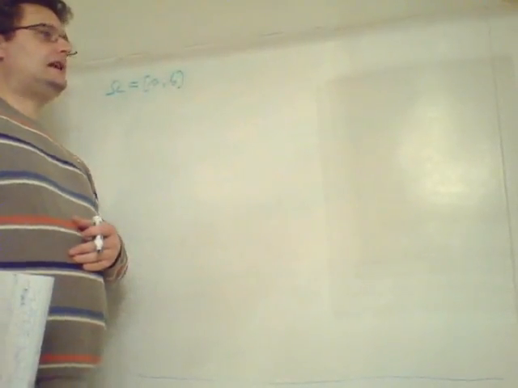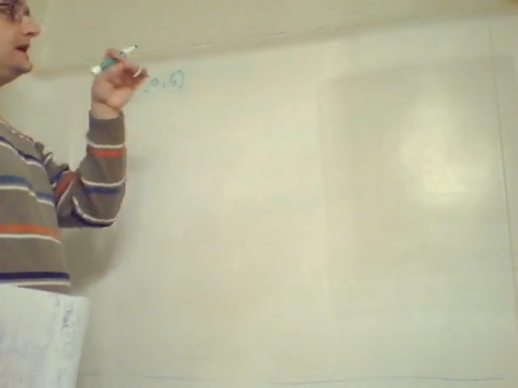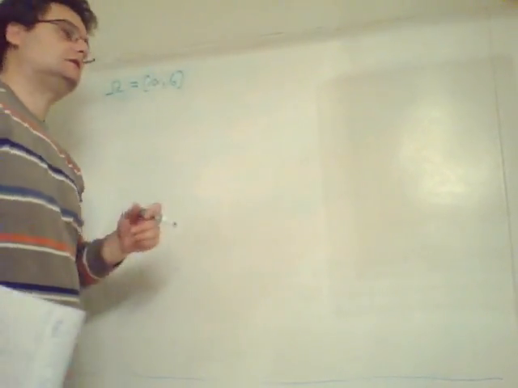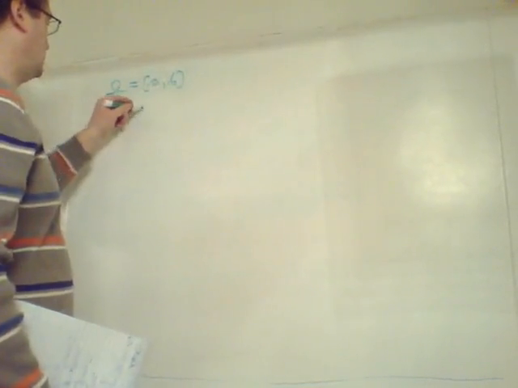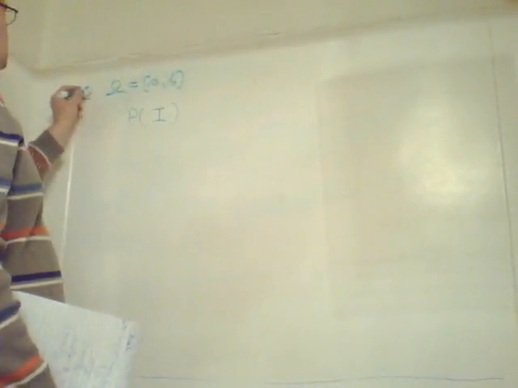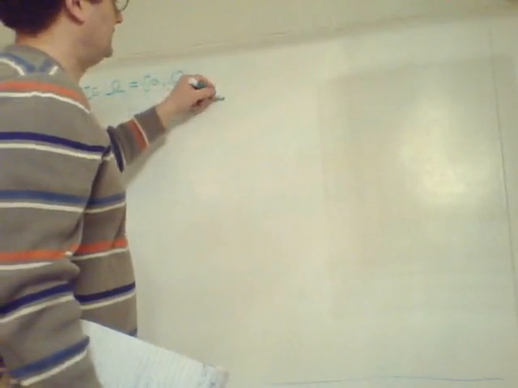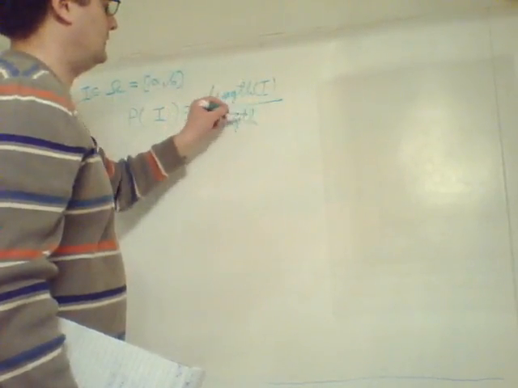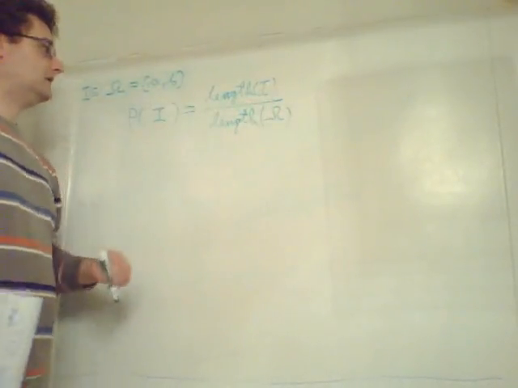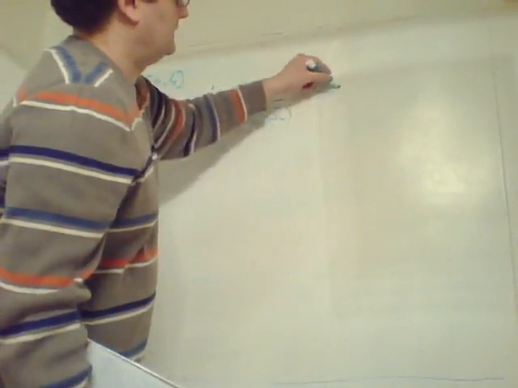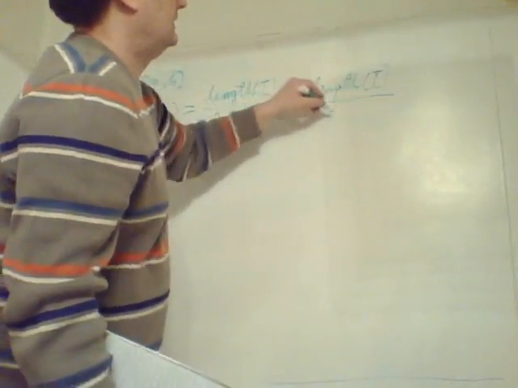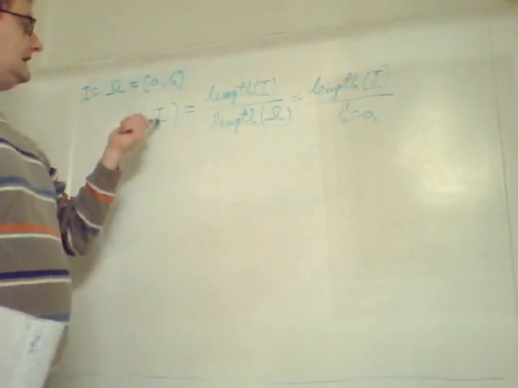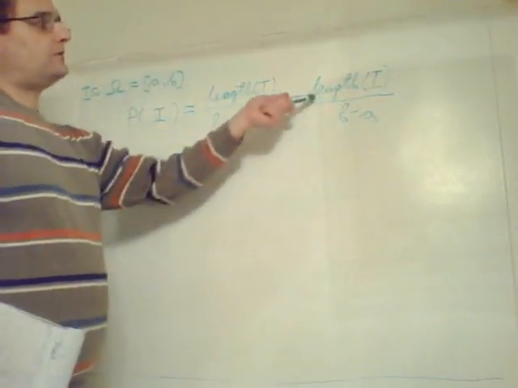Well, probability of picking a number in some interval inside AB, inside omega, so probability of some interval I, a subset of omega, is actually length of I divided by length of omega, B minus A. So the denominator is fixed, so we actually see that the probability of any interval in omega is proportional to its length.